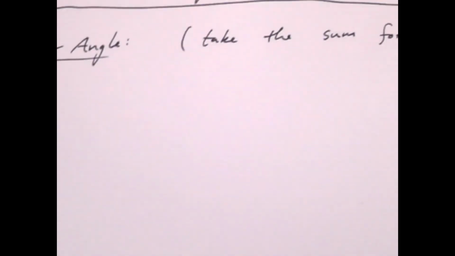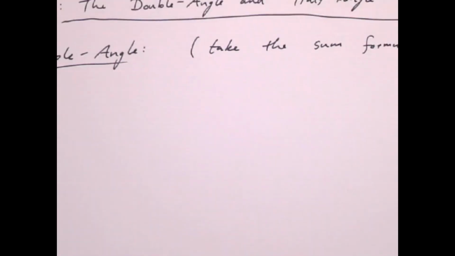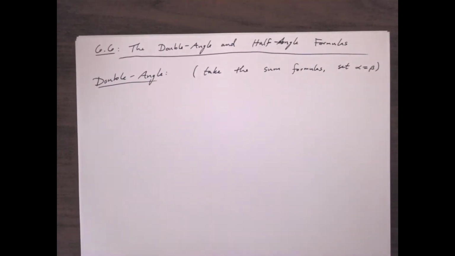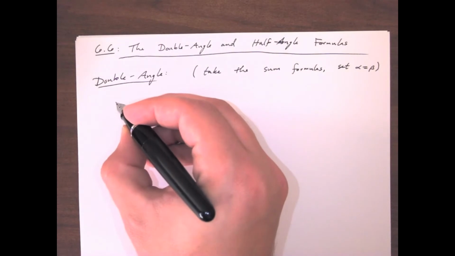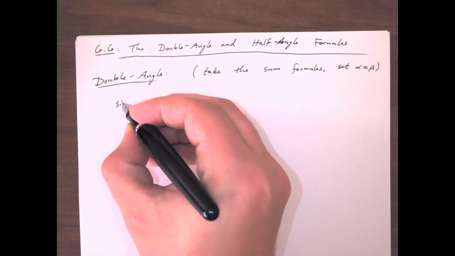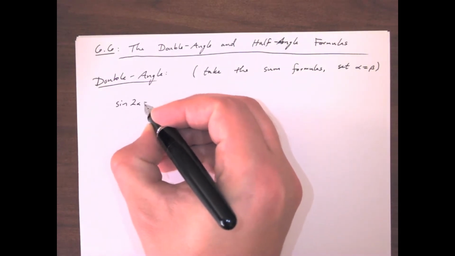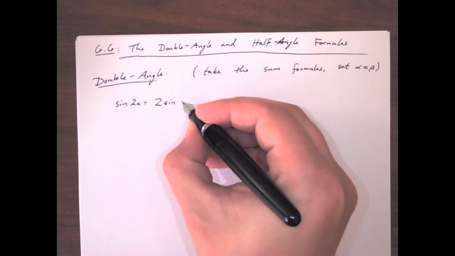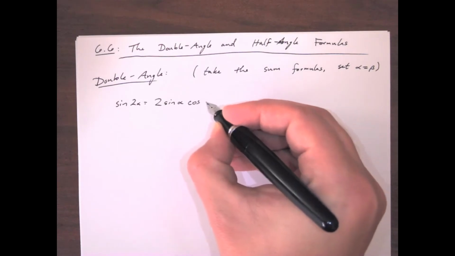And so if we set them both equal to alpha, we have sine 2 alpha is equal to 2 sine alpha cosine alpha.